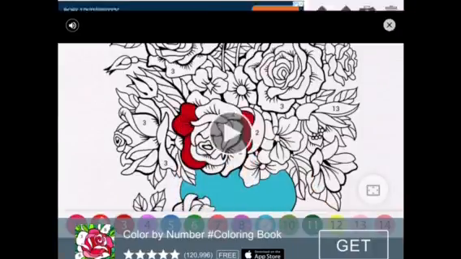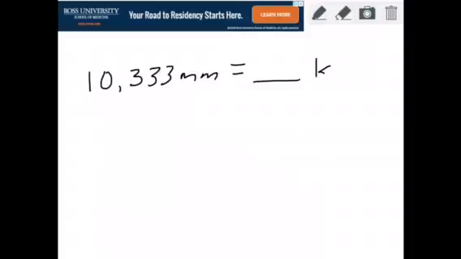All right, so let's go to an example of a smaller unit to a bigger unit. This one's going to be kind of more advanced here. Let's start with 10,333 millimeters, and we want to know how many kilometers that is.